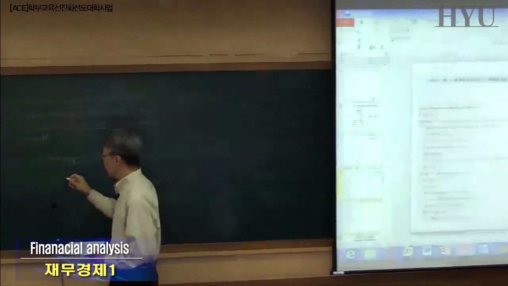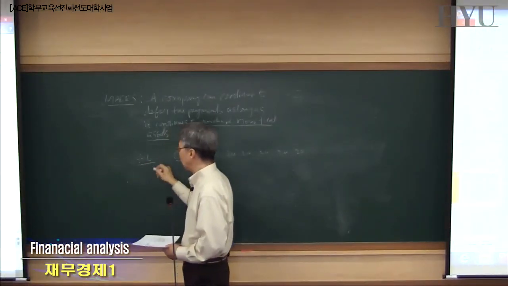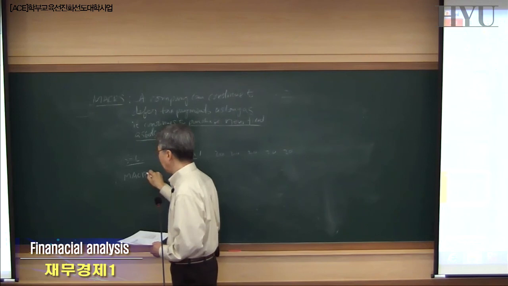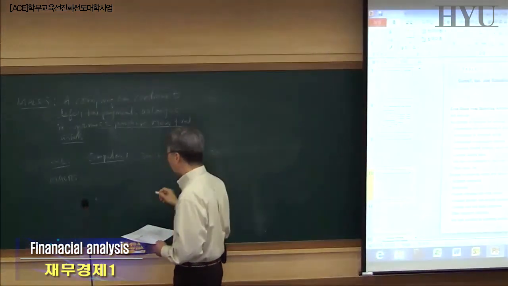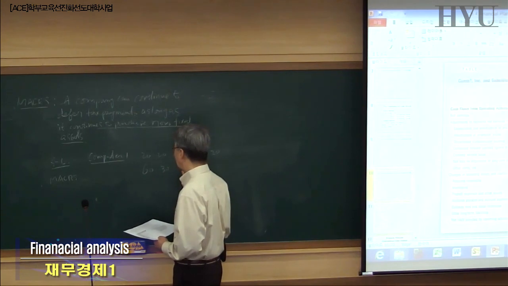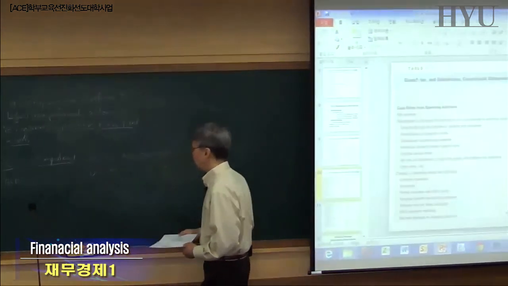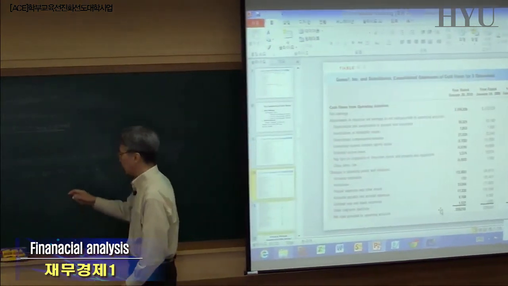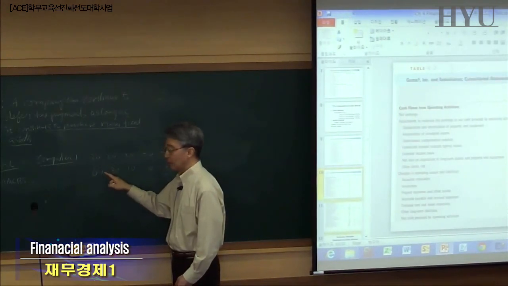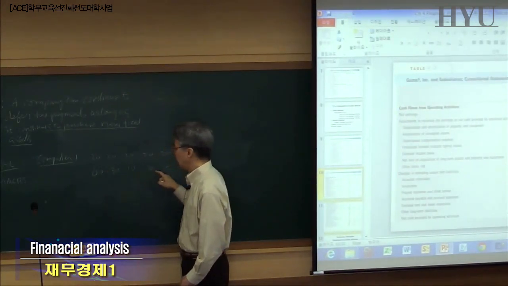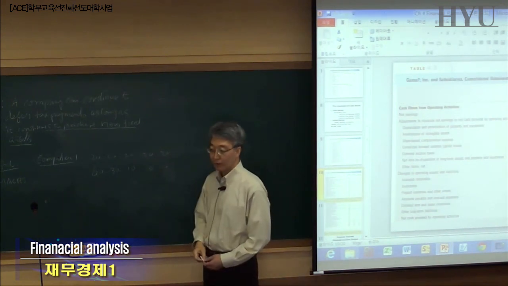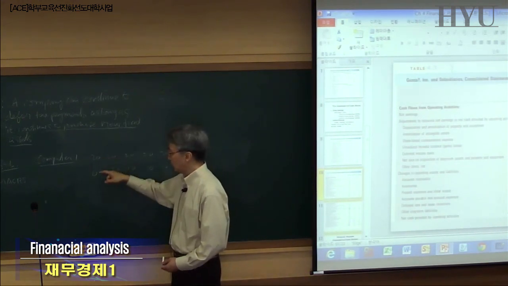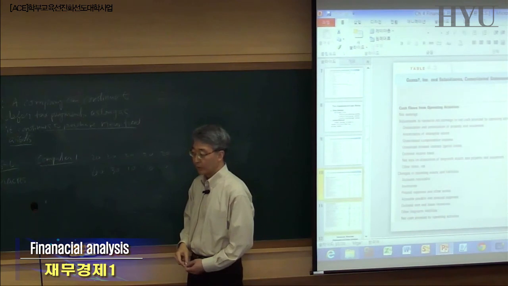But MACRS, the accelerated method, allows you to deduct 60, 30, 10, 0, 0. So you deduct a larger portion of the value in the early years, and that means in the later years you cannot deduct any. So that's the idea of the difference here that will create the amount of deferred taxes.